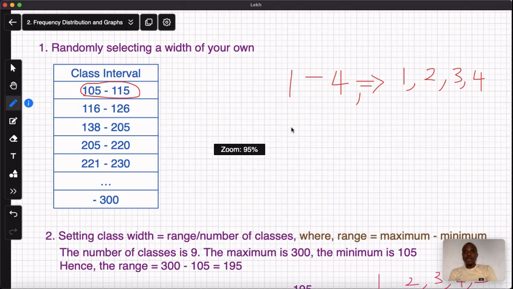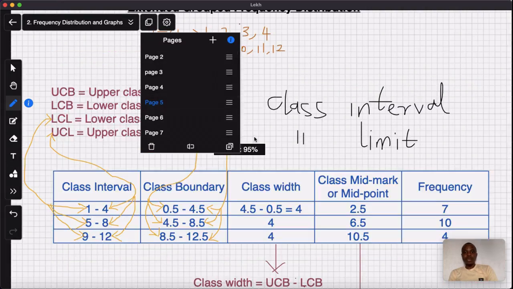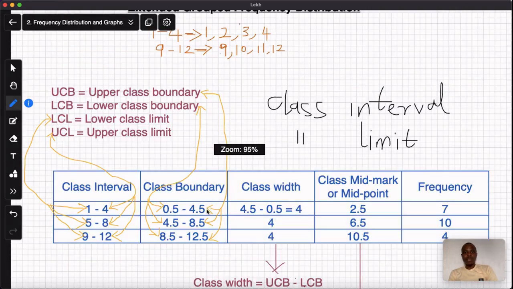So how do you get the width? One way is the upper class boundary minus the lower class boundary, as I talked about earlier, and that gives you 4.